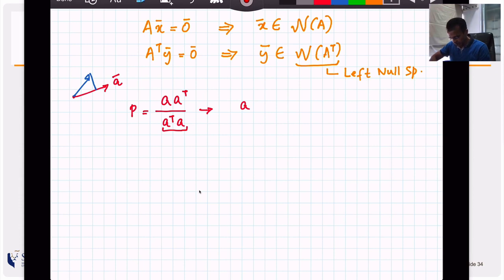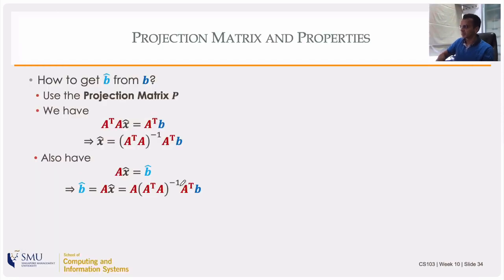We can split it and write it as A times A transpose A inverse times A transpose, where the inverse just means the reciprocal. Just that here I have a vector, there I have a matrix. A vector, of course, is a matrix of one column. Here you have multiple columns.